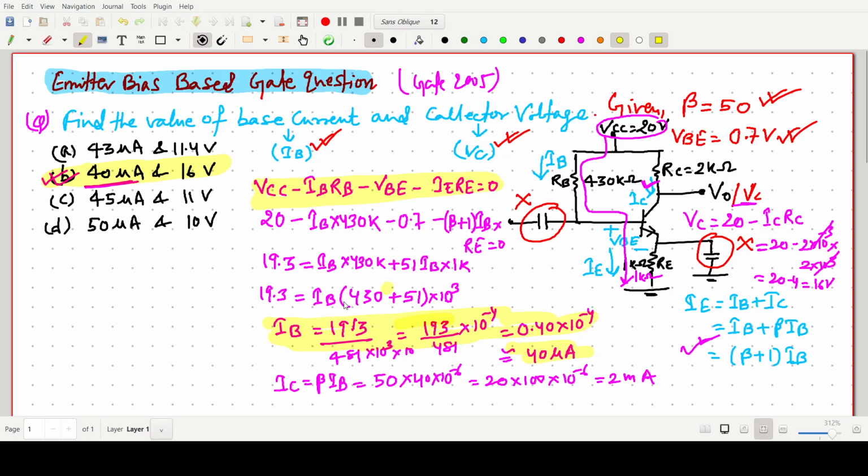First find IB, then find IC, because we have to find VC, and VC is simply VCC minus IC RC. So our answer is option B: 40 microampere for the base current, and VC will be 16 volts. So this is the very simple one. Thank you for watching.